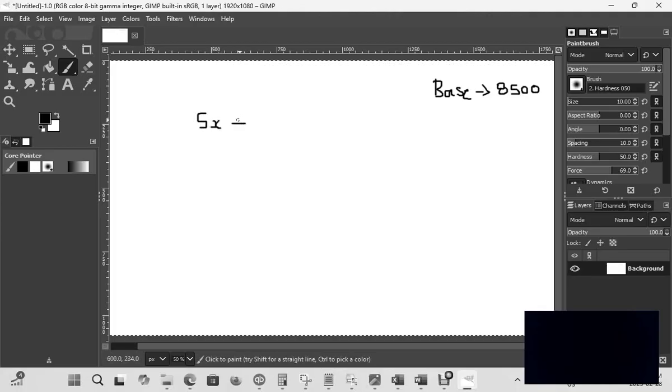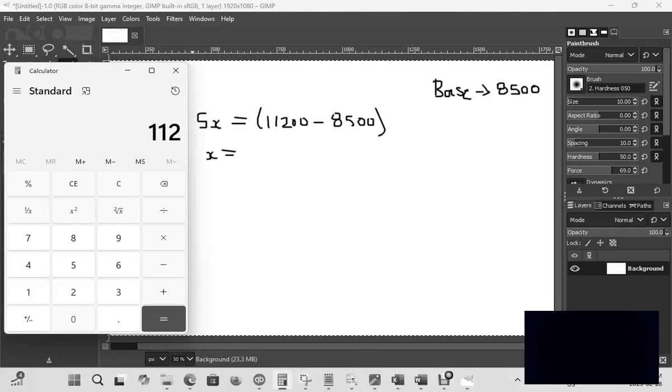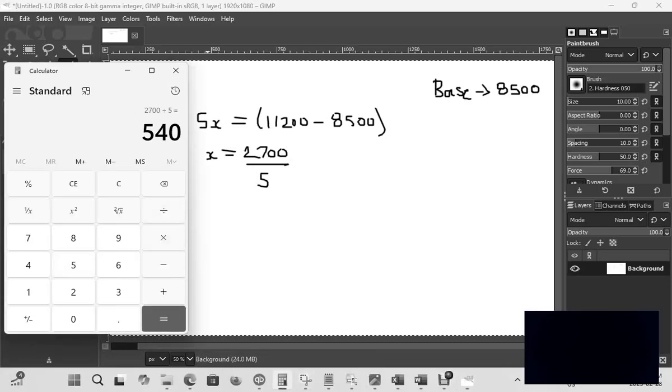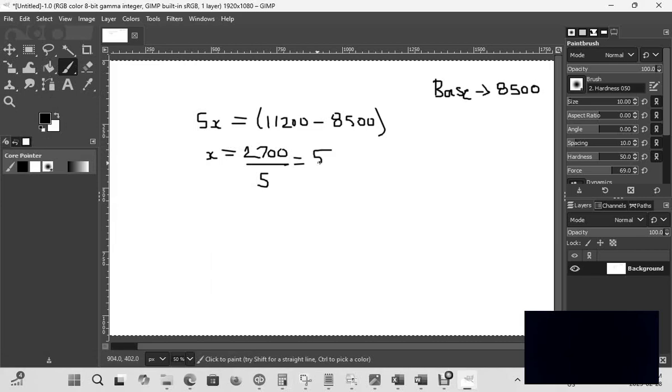In 5 years, the growth was 11,200 take away 8,500 students, which basically means that x equals 11,200 minus 8,500. It's a total of 2,700 divided by 5. So 2,700 divided by 5 will be 540.